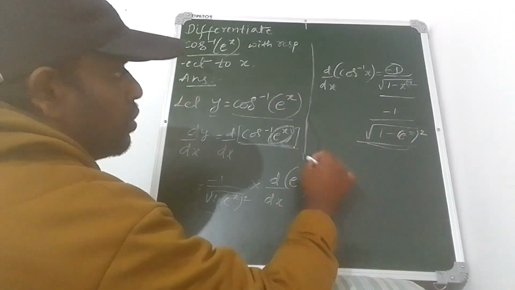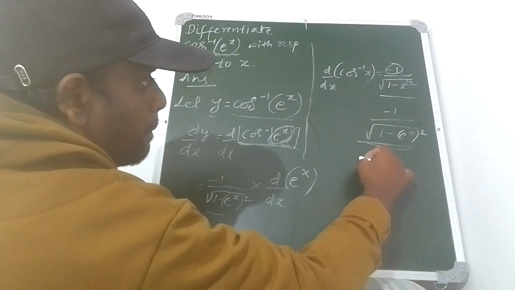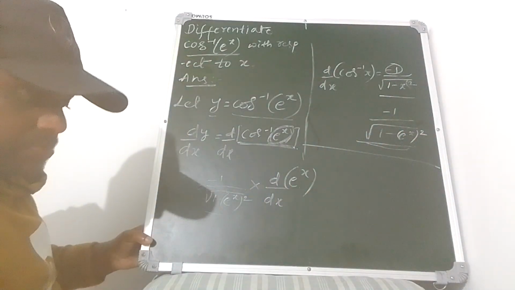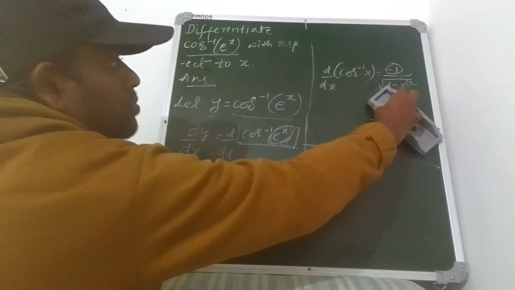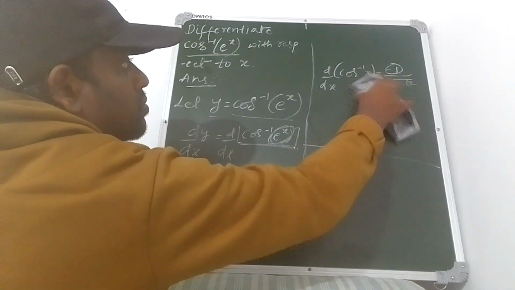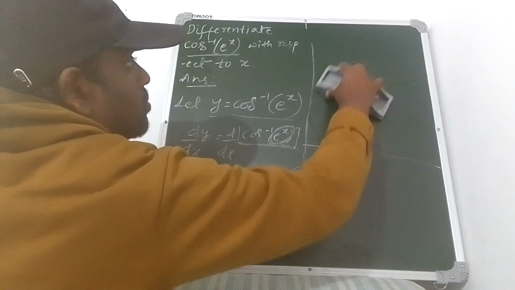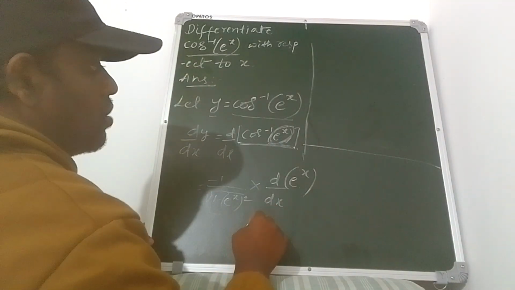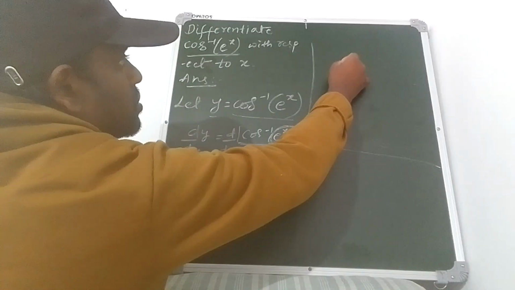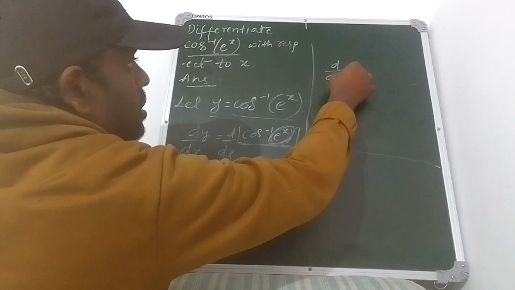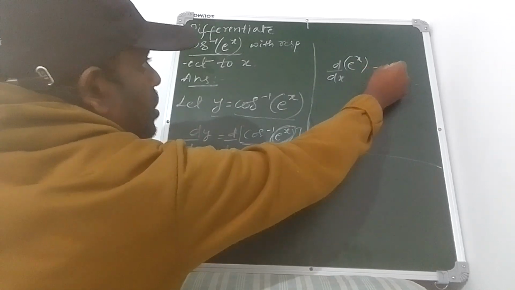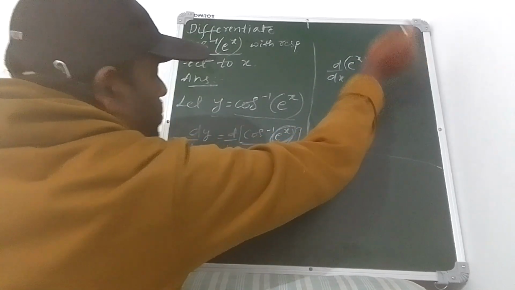Now we have a formula for e to the power x: d by dx of e to the power x is equal to e to the power of x only.